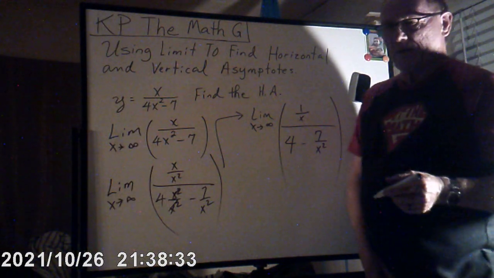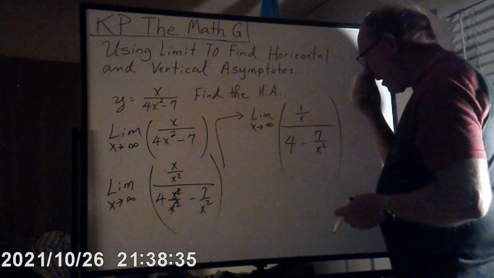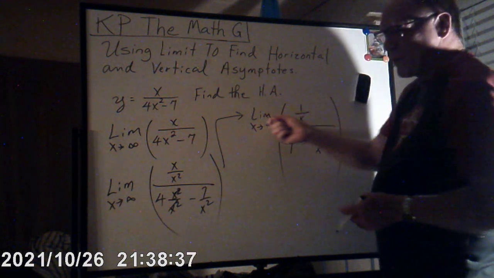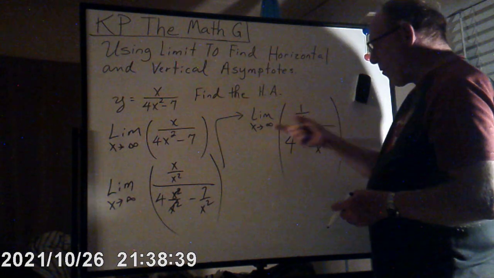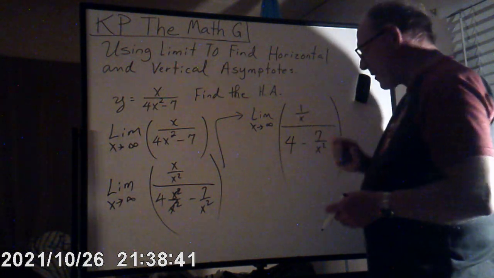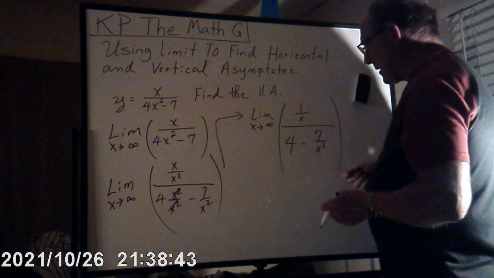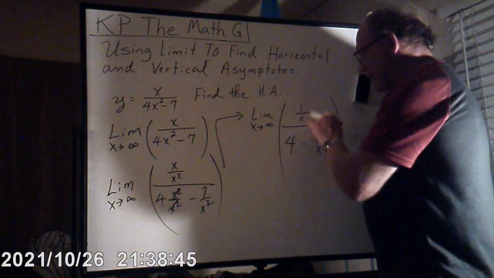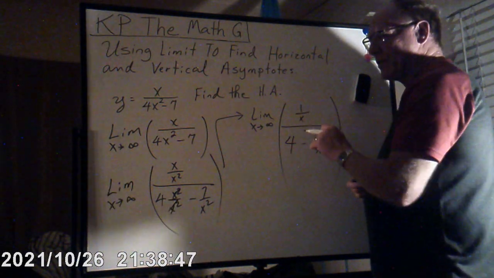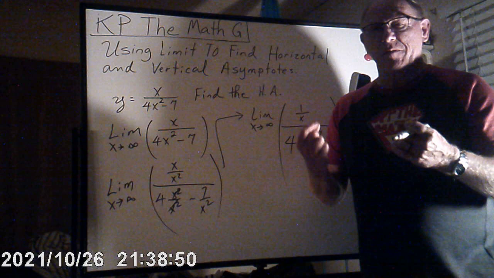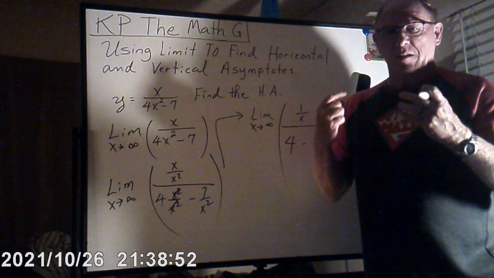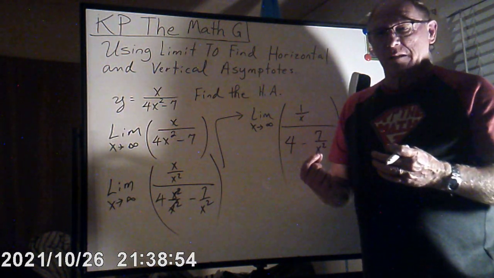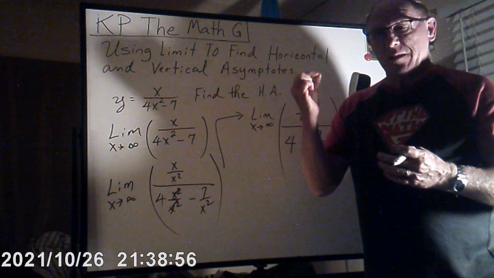Consider for a moment that as x goes to one of the infinities, negative or positive, either one, the greater this denominator gets, there is a number that this approaches, and it's always going to be 0.